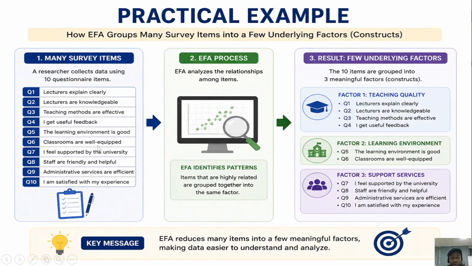All these items, when you are analyzing, you can't take them one by one. So in that case, we apply exploratory factor analysis, trying to identify measures that have something in common. We assign them to a particular construct or a particular factor.